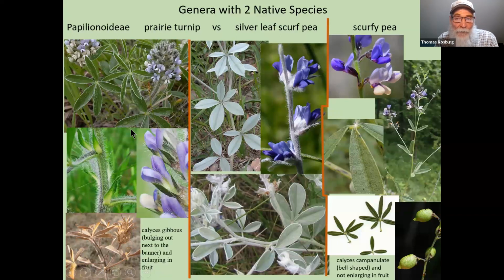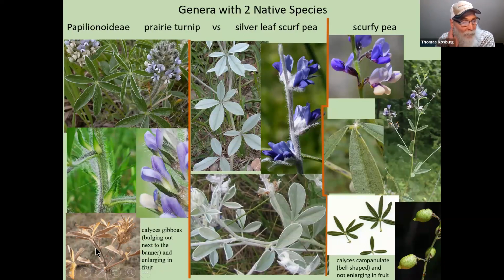So it's pretty easy to distinguish these again because of the differences in just the leaf color between prairie turnip here and silverleaf scurf pea. There's a lot of dense, short little silvery hairs that cover the leaves in silverleaf scurf pea. The flowers are a little bit smaller in silverleaf scurf pea. They're bluish, so they look a little similar to prairie turnip here. Prairie turnip is going to senesce.